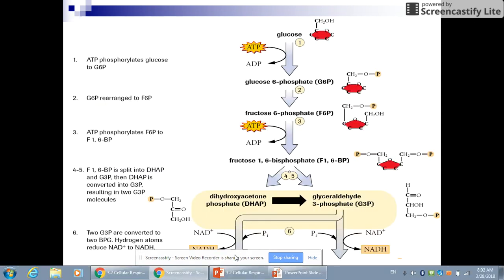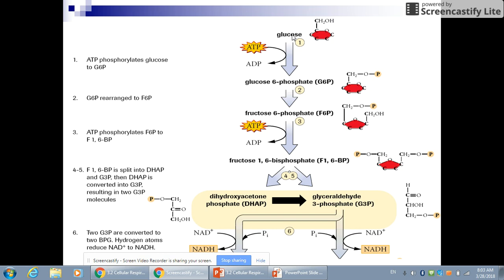Okay, we're going to start to go through detailed steps for glycolysis. This is an image taken from an older textbook that our class used to use. If you have access to any textbook or take a look at steps of glycolysis online, you would see something similar. So I will definitely emphasize what I feel is most important to take away from this.